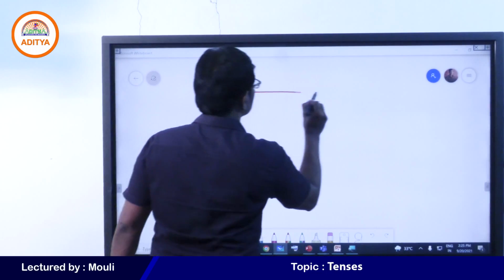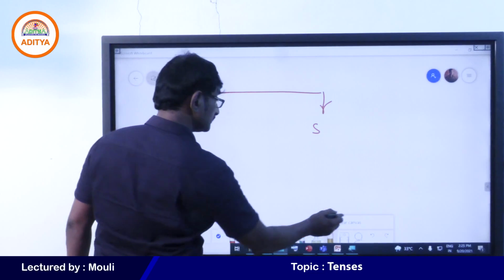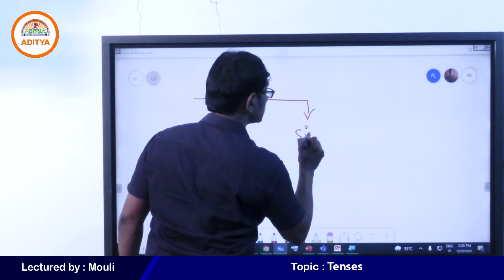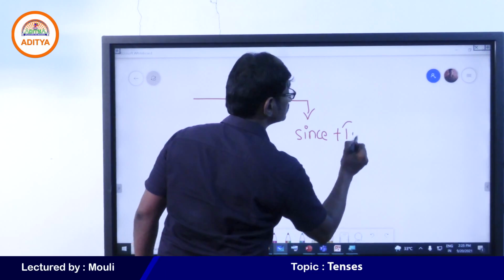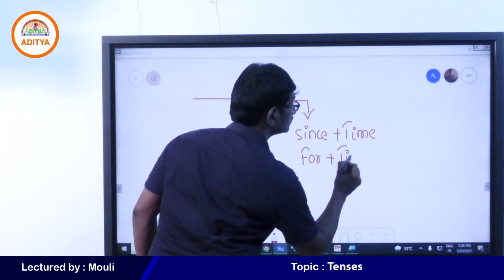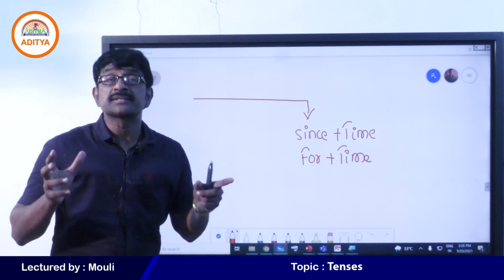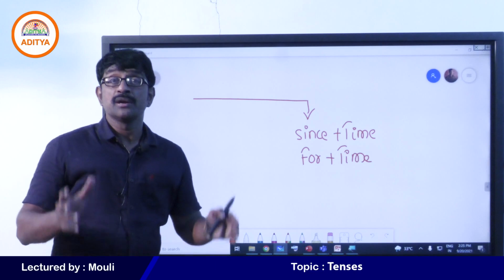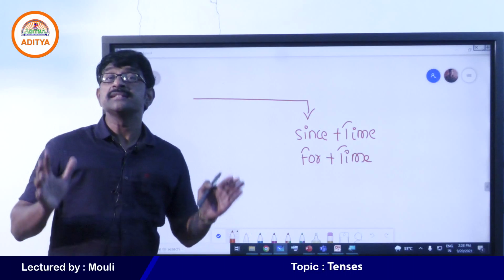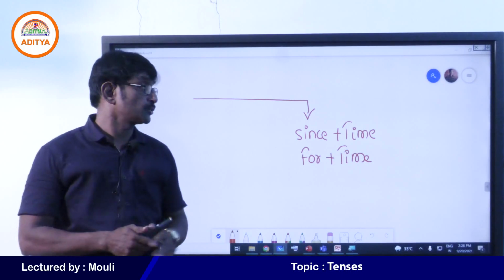Let us see what the keywords are. The keywords are since plus time and for plus time. These are the keywords: since plus time, for plus time, these two.